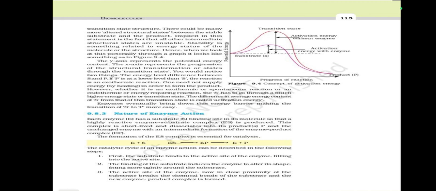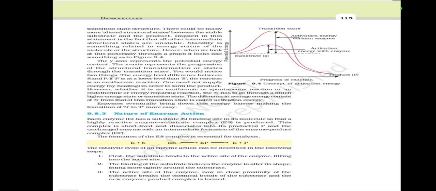There could be many more altered structural states between the stable substrate and the product. Implicit in this statement is the fact that all other intermediate structural states are unstable. Stability is something that relates to the energy status of the molecules or the structure.